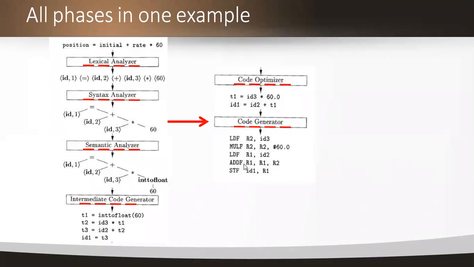After performing the addition operation, the R1 register consists of ID2 plus ID3 into 60.0. Now finally this is going to be stored by using the code STF. STF is nothing but a store data transfer. By using this, we are storing this in ID1. So finally ID1 is equal to what register R1 has, ID2 plus ID3 into 60.0.